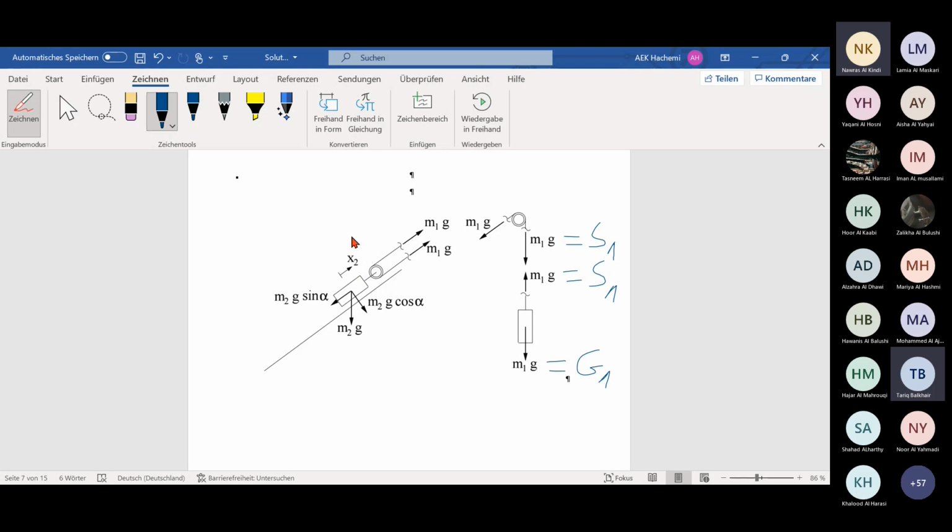Then if we look for the equilibrium equation, what we have here is that M2G can be decomposed into two parts, one in the direction of x2 and one in the direction of y2.